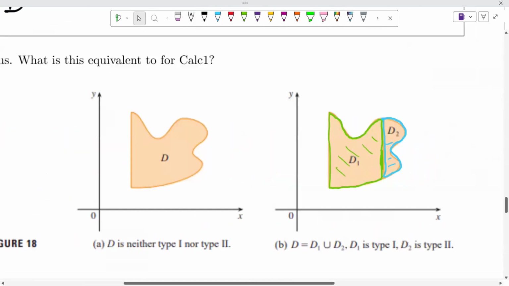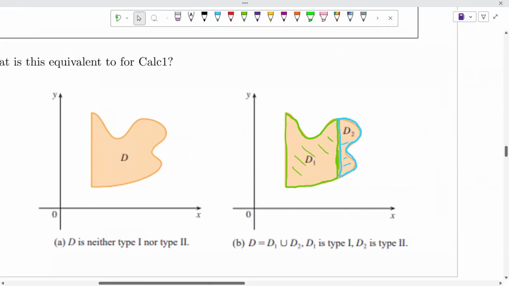So looking here on the right, the textbook chose to subdivide the original region D into two different regions that are easier to integrate over, because both of those regions end up having something that I can integrate.